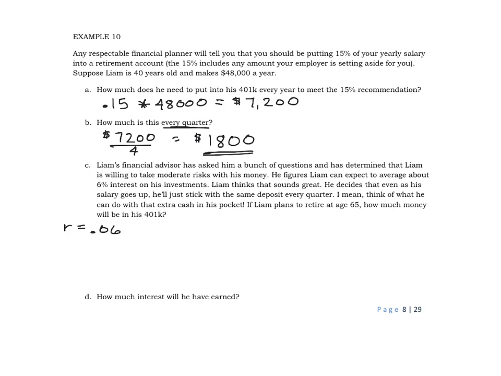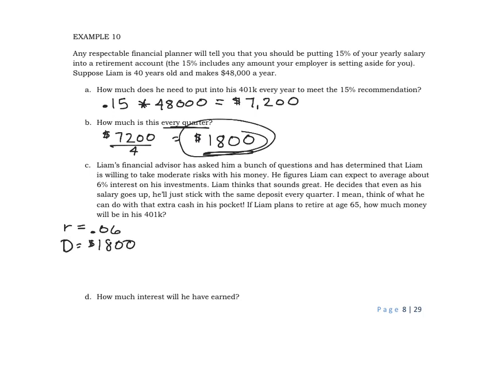Liam is not just putting a huge lump of money into an account. He is putting a regular amount into an account every quarter. So that is not compound interest. This is going to be an annuity, and specifically a savings annuity. So his regular deposit is going to be $1,800. We just found that from up here.